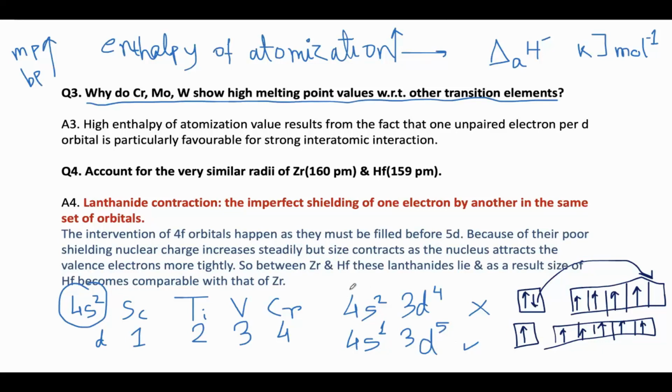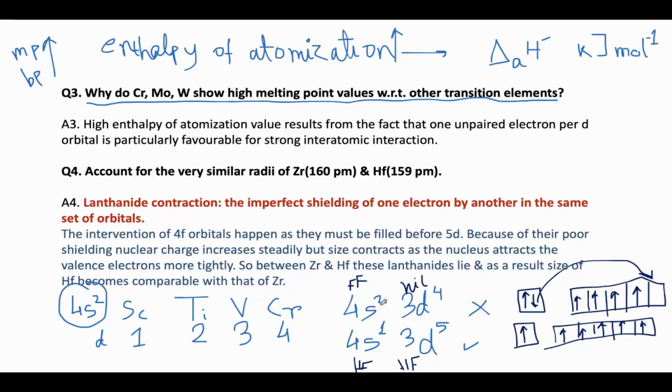So here it is full filled, FF, and here it is nil, no stability from this configuration. But here it is half filled, that is HF, and also half filled from this 3d orbital. So both the HFs will outsmart the FF stability. That's why chromium prefers the 4s1 3d5 electronic configuration. So its electronic configuration will not be 4s2 3d4, but 4s1 3d5.